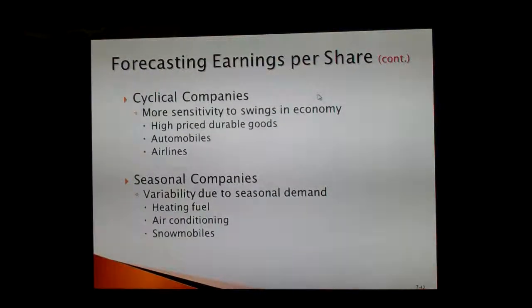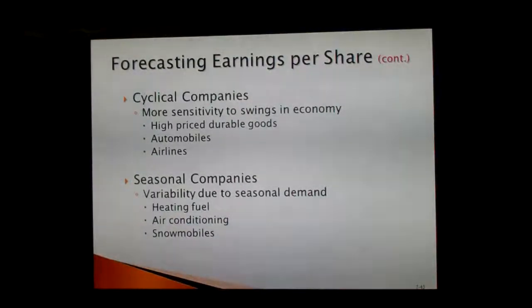Okay, forecasting earnings per share. Cyclical companies can be more sensitive to swings in the economy. So you have to take that into account, right? These valuations are more complicated than doing one of these formulas. It's almost always a combination of them. Right, cyclical, all right, automobiles. When the economy is doing great, more people buy cars. When the economy stinks, guess what?